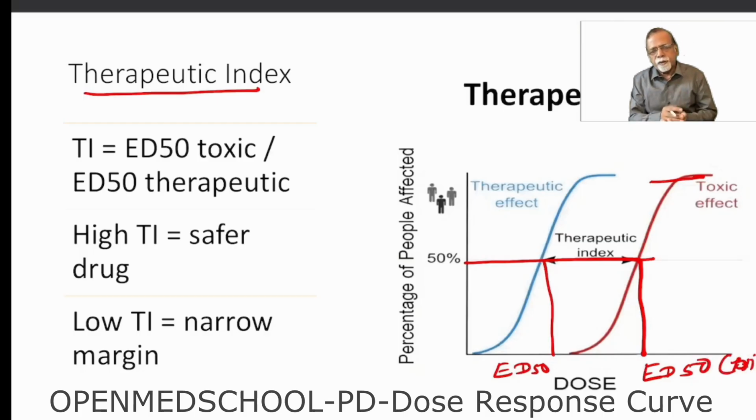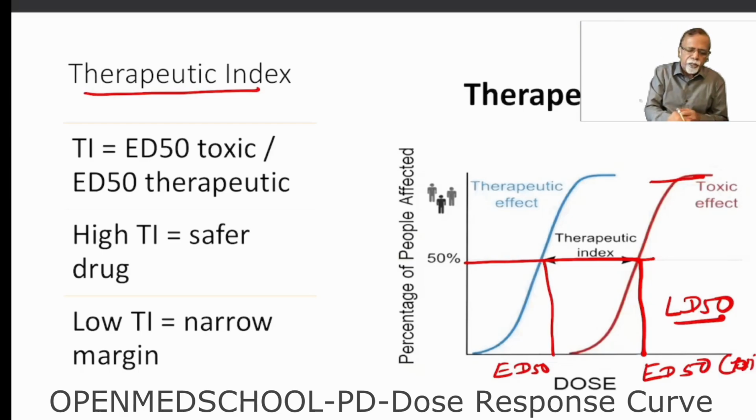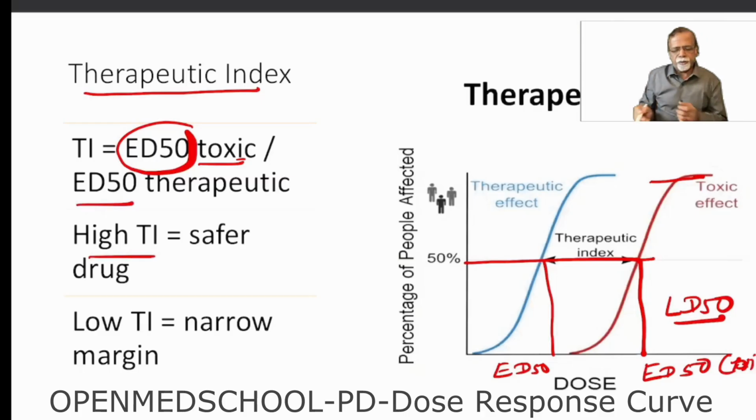In animal experiments, sometimes it is called the LD50. That is the dose at which 50% of the animals die. LD50 or ED50 toxic divided by ED50 therapeutic is the therapeutic index.